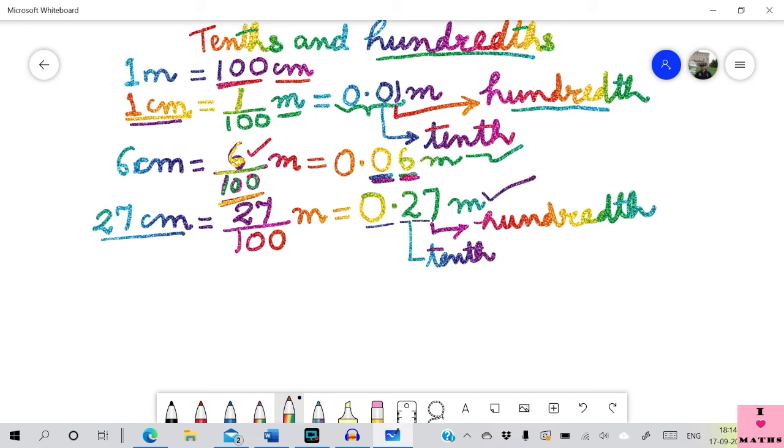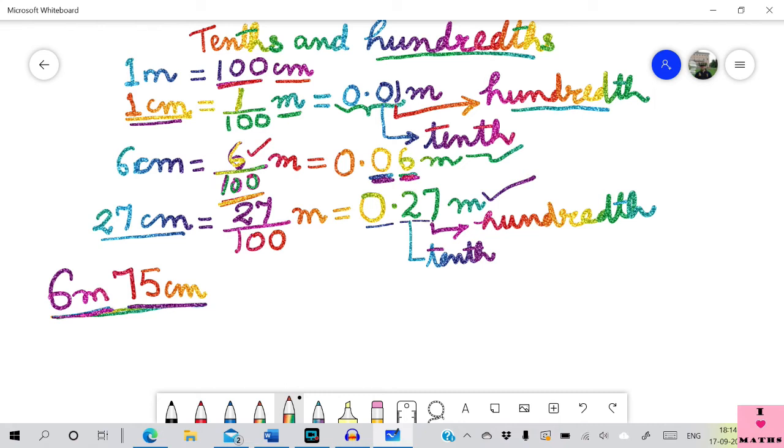Okay. Now, suppose I have a rope which is 6 meters and 75 centimeter long. This is one rope, beta. That rope is 6 meters and 75 centimeter long.